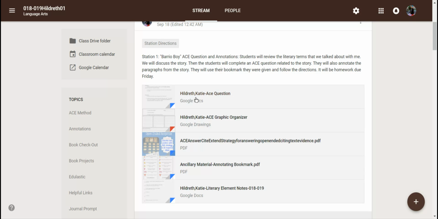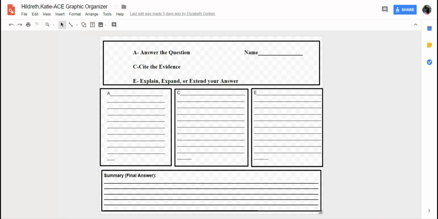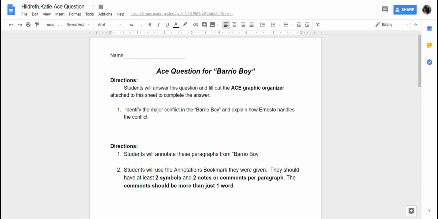So what you're going to do is click on this graphic organizer, and you're going to fill out the A. So you're going to answer the question.